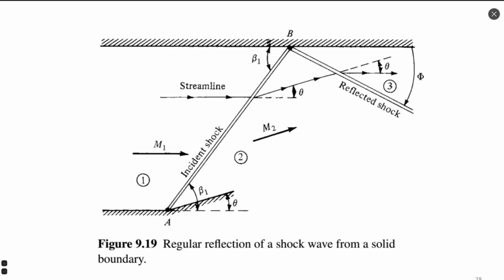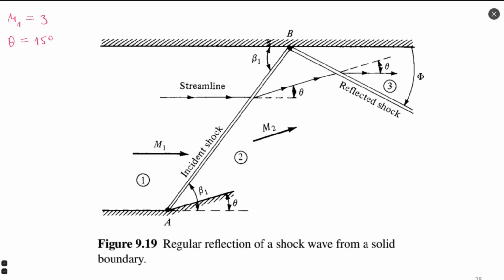Let's assume some values. For example, we can start with Mach 1. We have denoted numbers of regions, so we can start with Mach 1, 3. Okay, it's nice. Theta 1, or theta, would be 15 degrees. Let's also calculate, for example, pressure. To calculate pressure distribution, or no, better temperature.